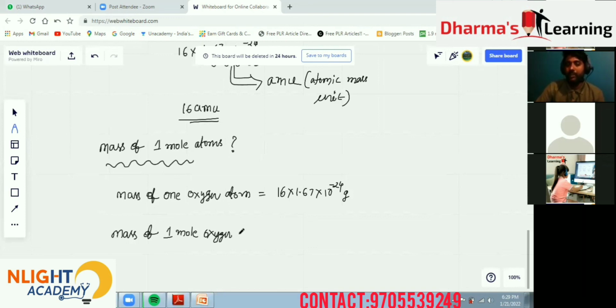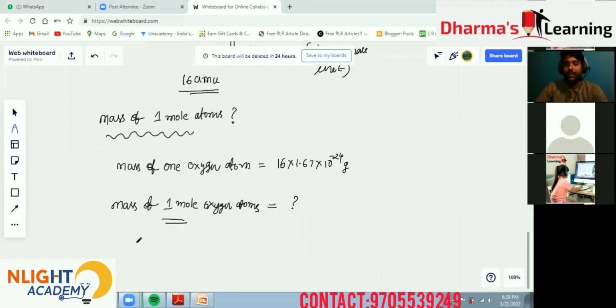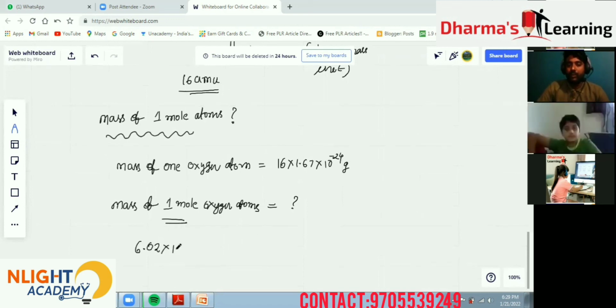You will take a couple of atoms, generally expressed in moles. So you know that 1 mole is equal to how much, Vishnu? 6.02 into 10 to the power of 23. Now you can do the simple cross multiplication.